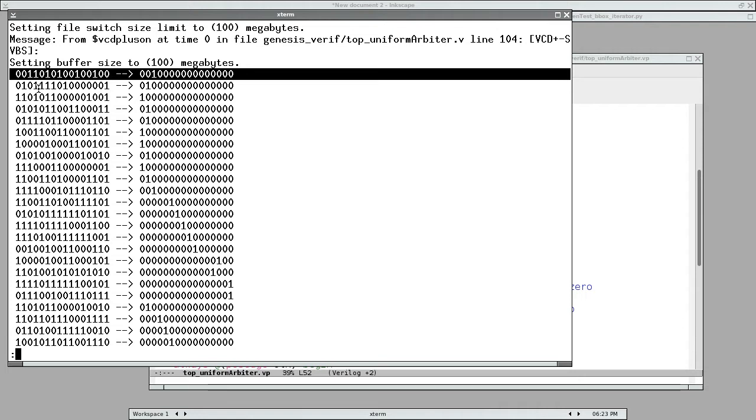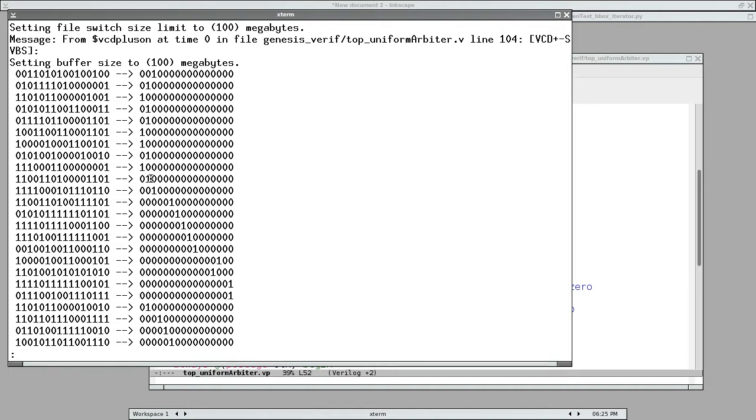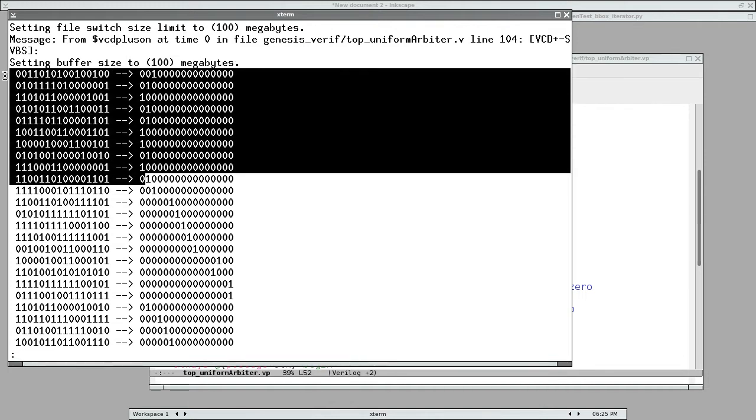Oh, interesting. But this might be during reset. Yeah, so these first 10 are during reset. So there should be a set of these. Yeah, 0, 1, 2, 3, 4, 5, 6, 7, 8, 9. So these are during the reset period.